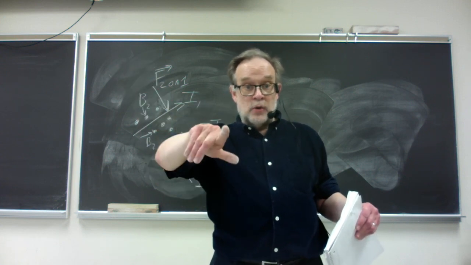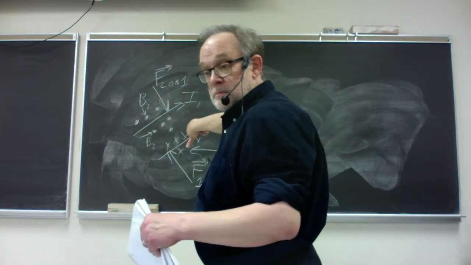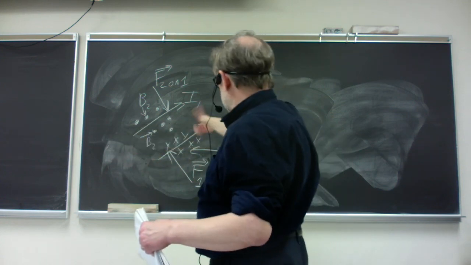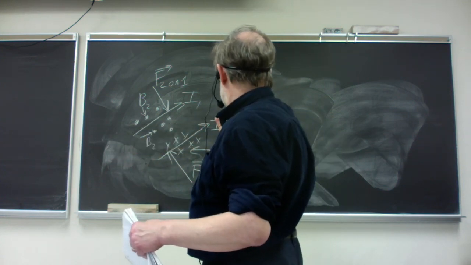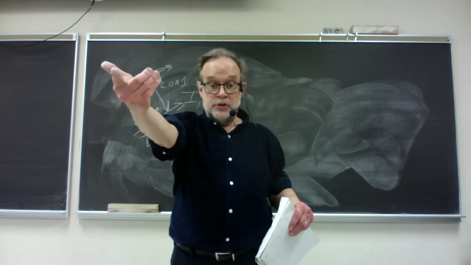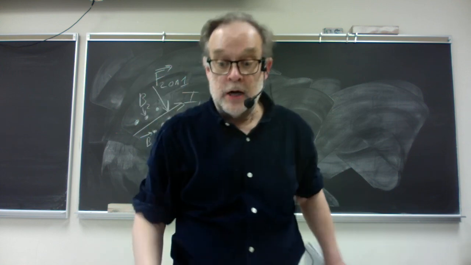And to get the correct orientation, you might have to move around. You might have to rotate yourself, so that you can get the correct orientations without twisting your arm off.